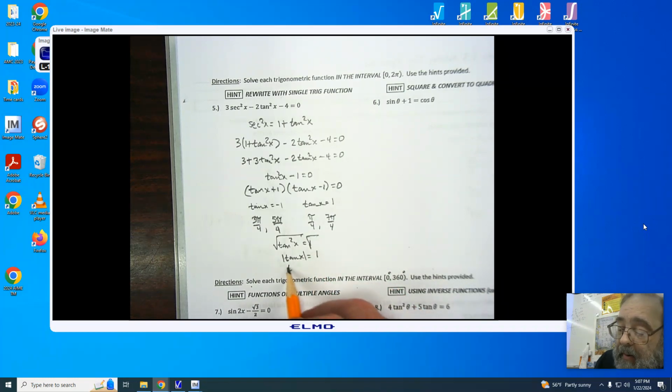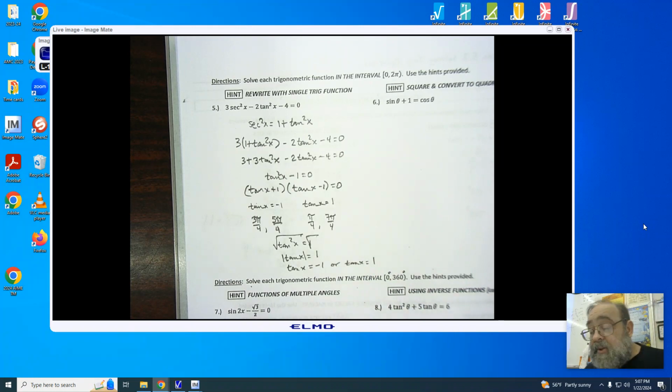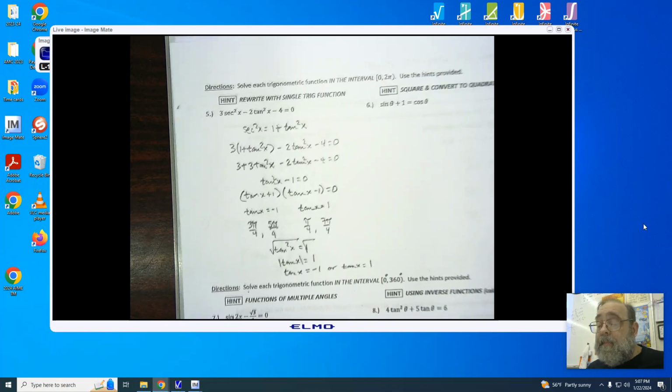And now when I drop it, I have 2: tangent of x equals negative 1 or tangent of x is equal to positive 1. Please do not use the plus minus symbol. That will cause issues, and I would rather not have you go there. Once I've got this, I now solve for them, just like we did before, and life is grand.